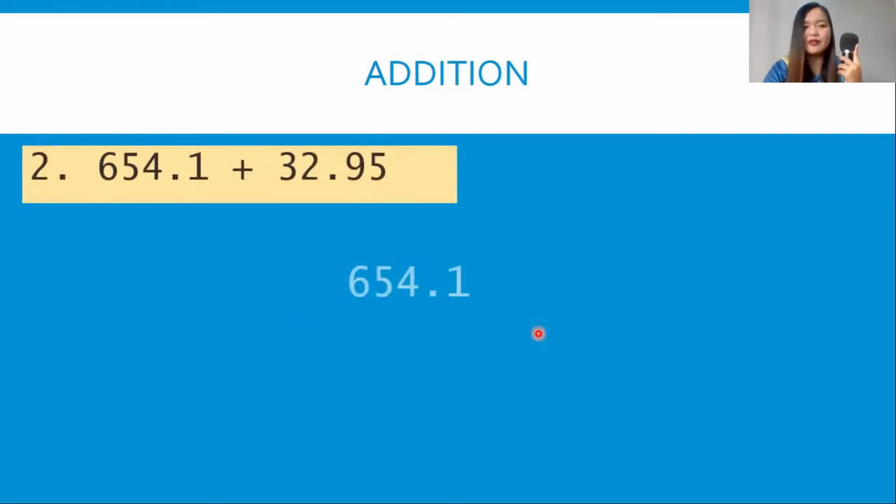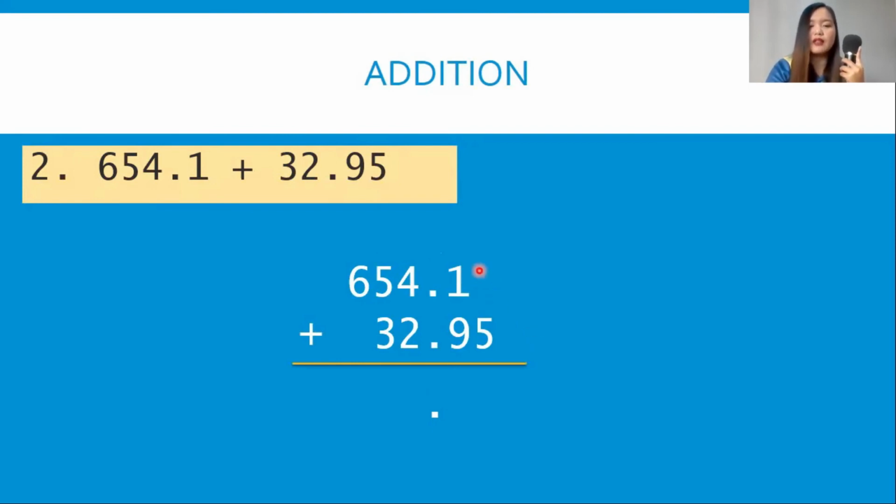Let's have another example. We have 654 plus 0.1 plus 32.95. Take note, you have to align the decimal point. But since we do not have a number in here, assume it as 0. So 0 plus 5 is 5, or simply bring down 5.